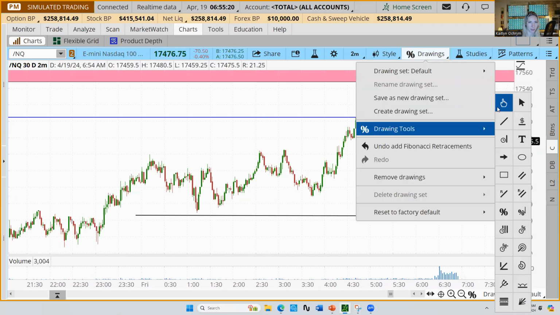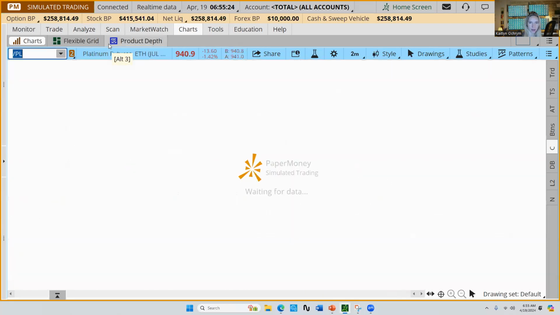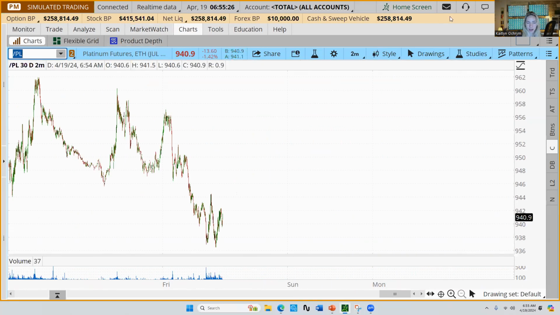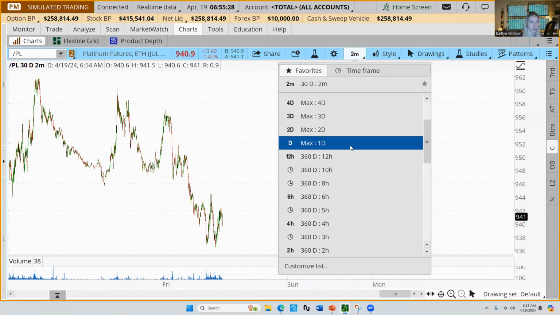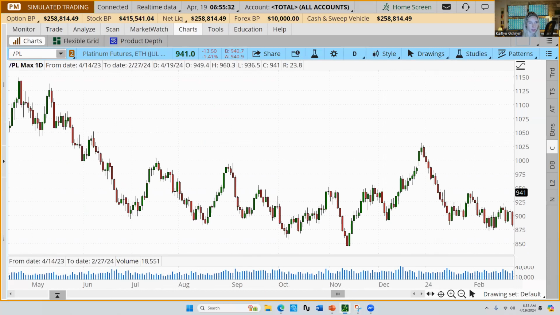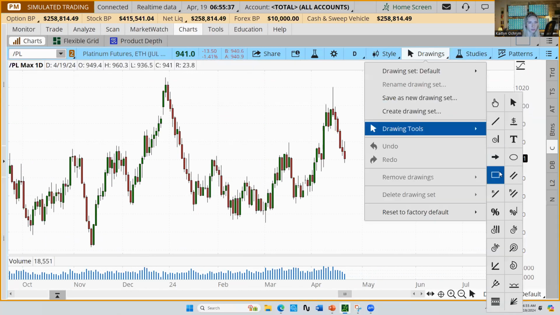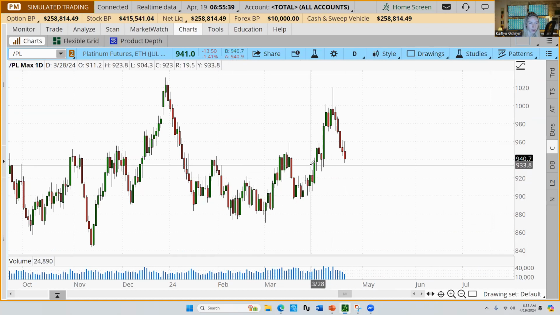But we can keep looking at some other charts. Let's take a look at platinum. Looking at going long, let's see. I just want to step back out to a little bit higher time frame. Let's see, so daily chart. Let's mark it out. We're in a wick area.